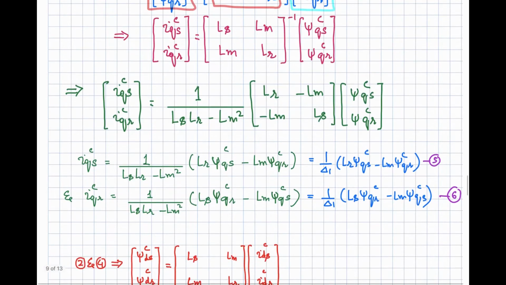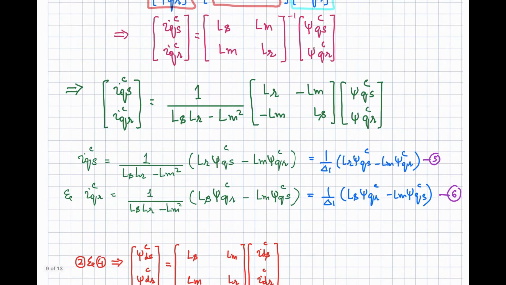So from here the equation for IQS can be written like that, 1 by determinant, and if you solve this part, this multiplied with this minus this, you will get the current equation. Suppose this determinant is equal to delta 1, so this equation can be written like this.